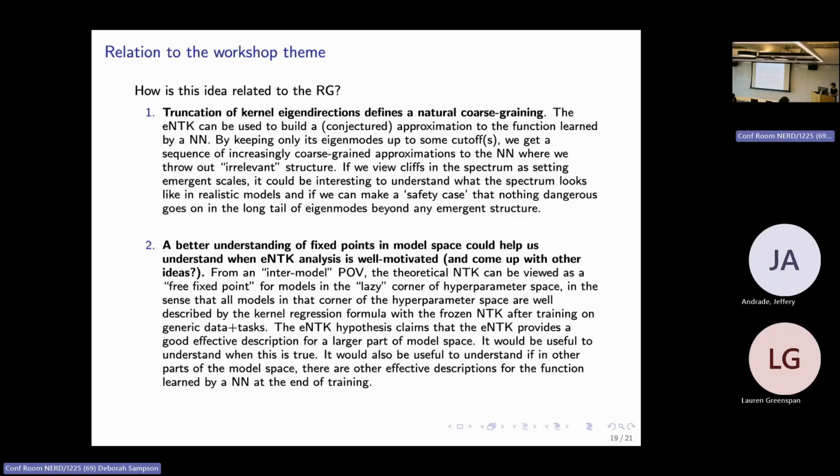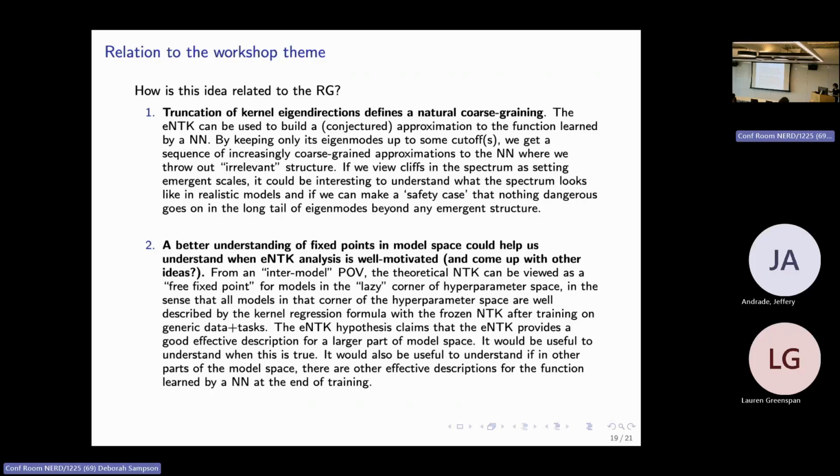From a different, intra-model point of view, maybe if you think of the NTK as a fixed point in model space, a better understanding of this kind of structure could help us understand when the analysis is motivated.